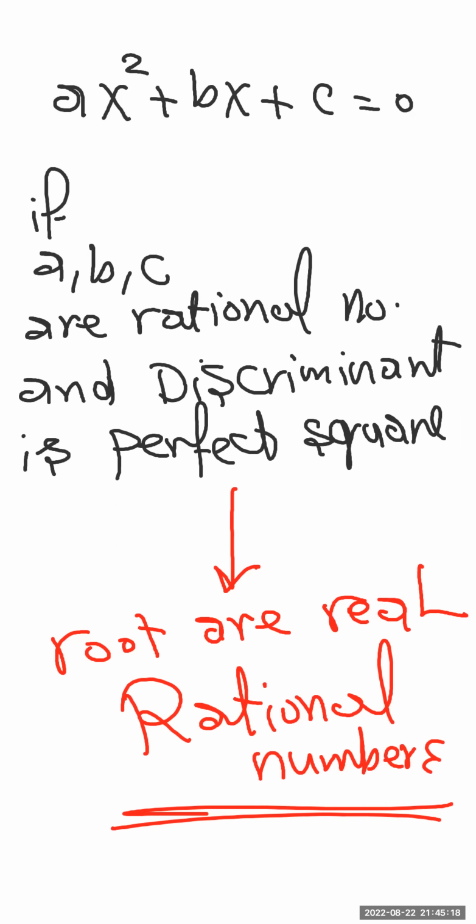Okay, the second case: if one of the three coefficients, or two, or even all three coefficients are irrational numbers. Can we take one example? Of course. If the equation is x squared minus 2 square root of 5 x plus 1 equals 0.